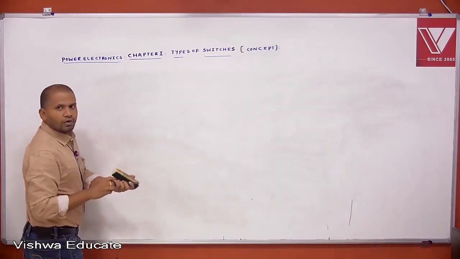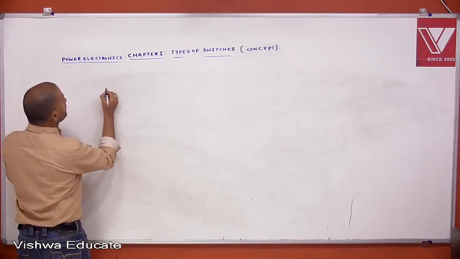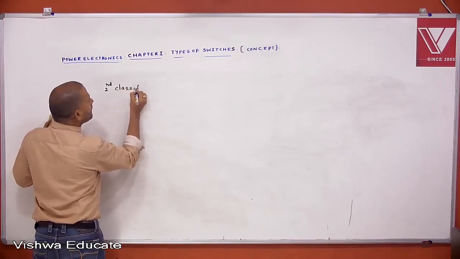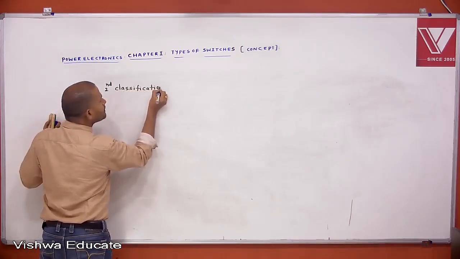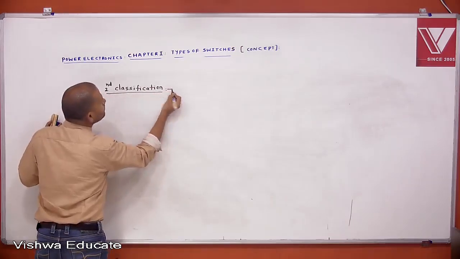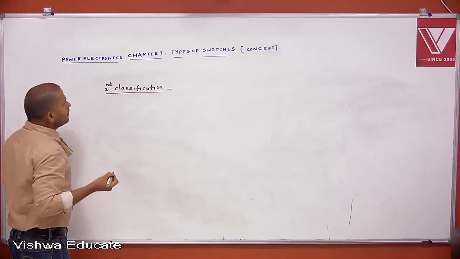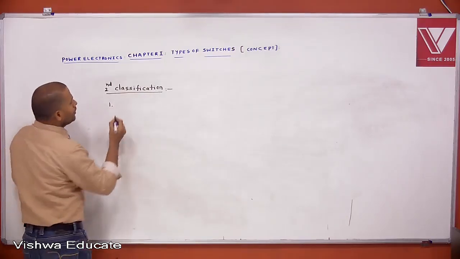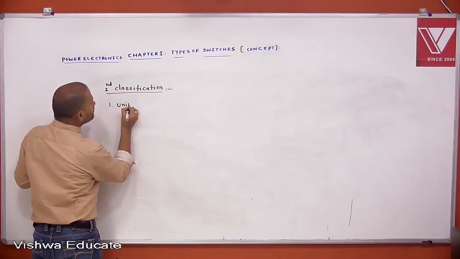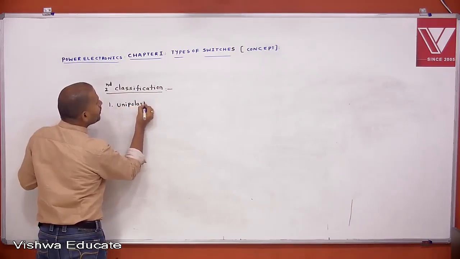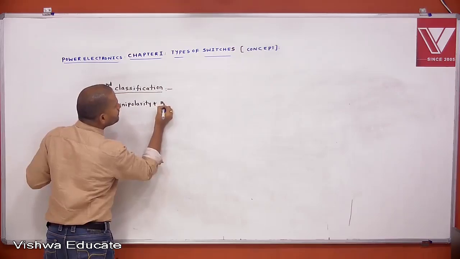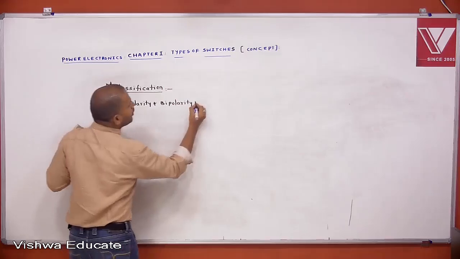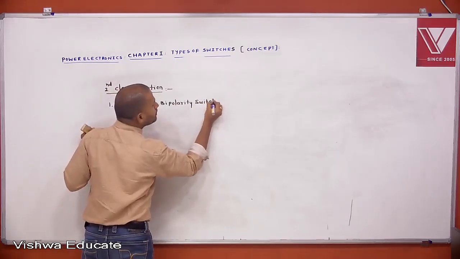Now the second classification of switches in power electronics: one is unipolarity and the other is bipolarity switch or device.